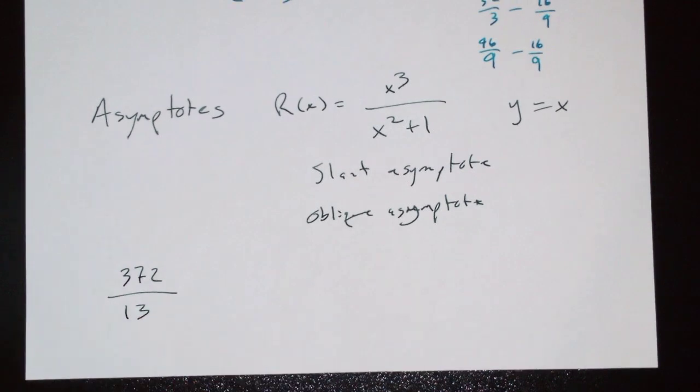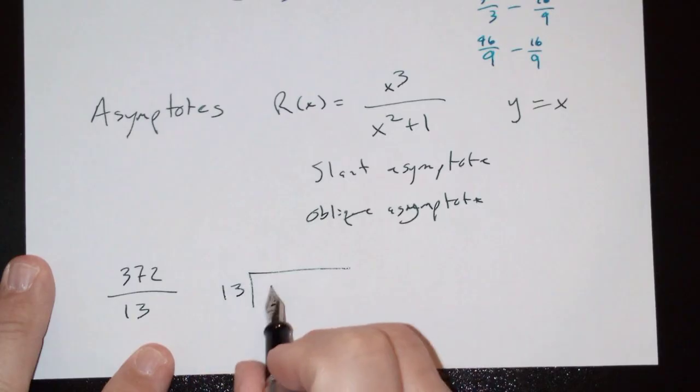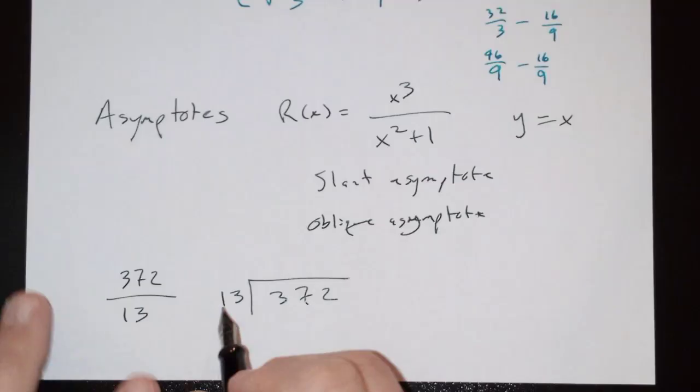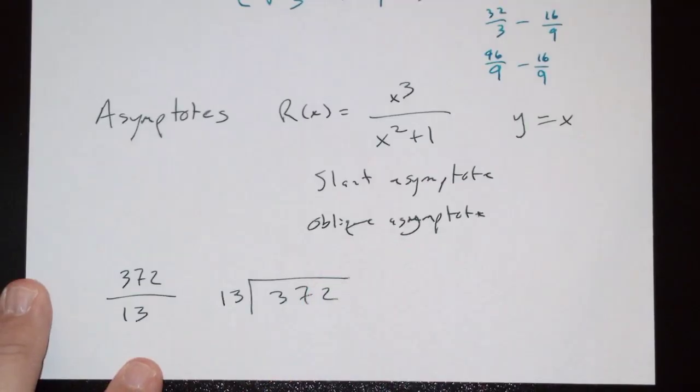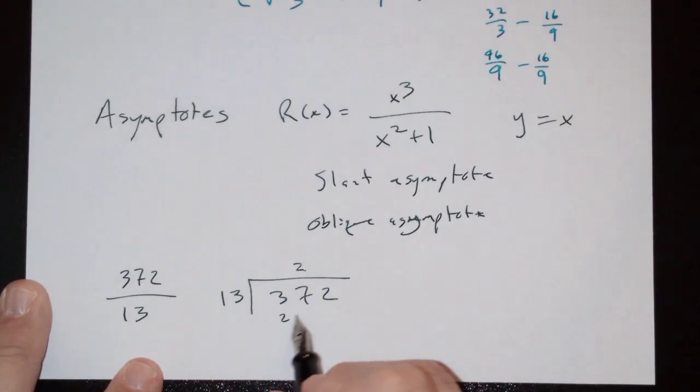Without your calculator, how would you do this? I know it was a long time ago that you learned how to do long division. Do you remember doing long division? You take 13 and go into 372. Remember that garbage? Gosh. How many 13s in 37? Two of them. 2 times 13 is 26.